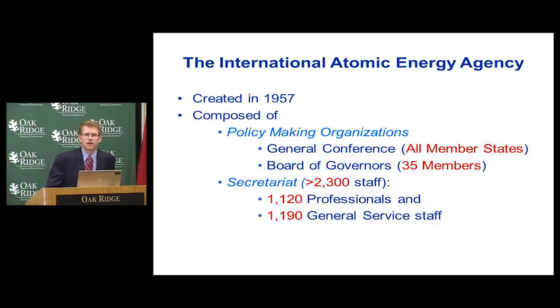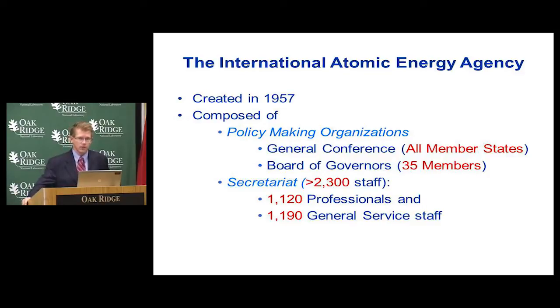The IAEA itself was created in 1957. This was a result, actually, of a speech 4 years before by U.S. President Dwight Eisenhower in front of the UN, his famous, for us in the non-proliferation field, Atoms for Peace speech.